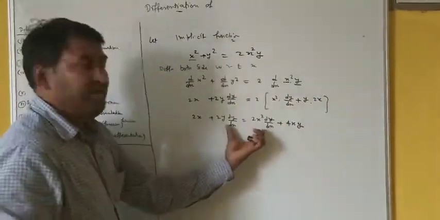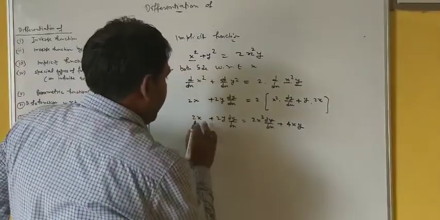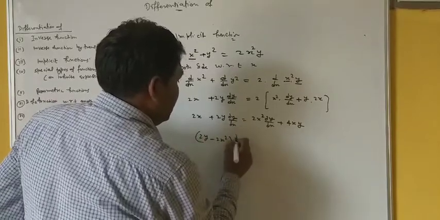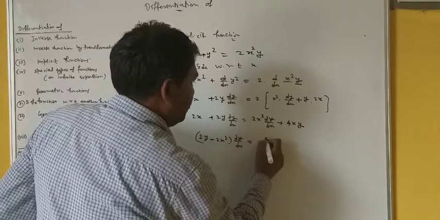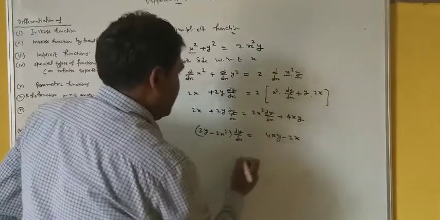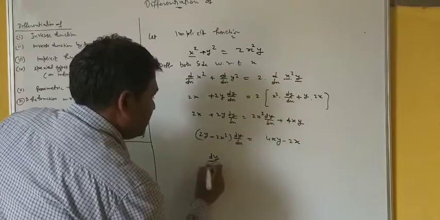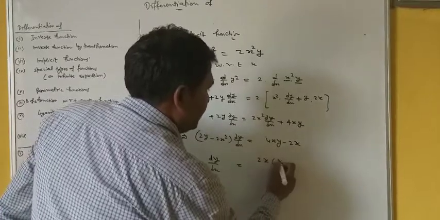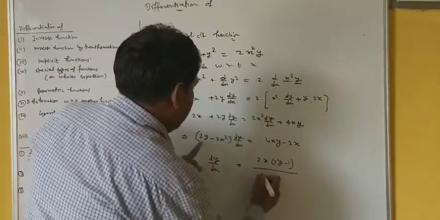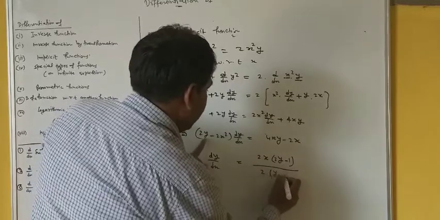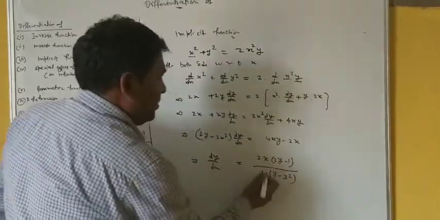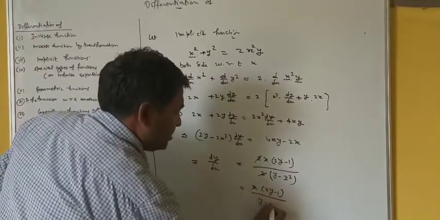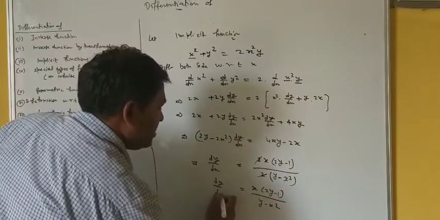So taking the dy by dx terms to one side and the others to the other side, you get 2y minus 2x square dy by dx is equal to 4xy minus 2x. So what will you get for dy by dx? Taking 2x common and 2 common, dy by dx is x into 2y minus 1 upon y minus x square. This is your dy by dx.